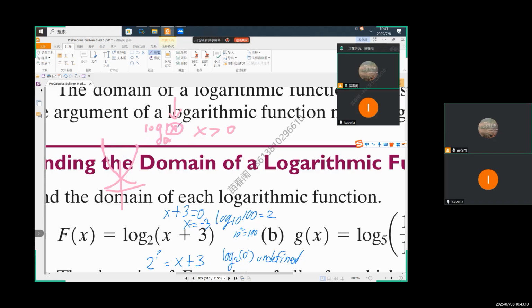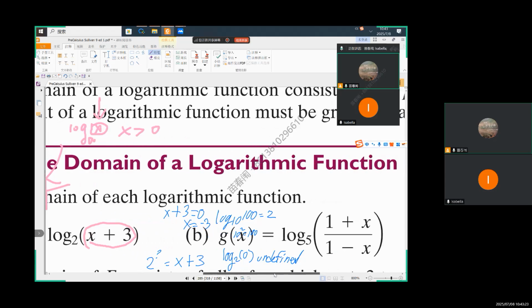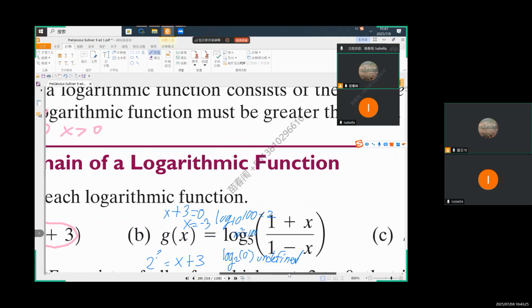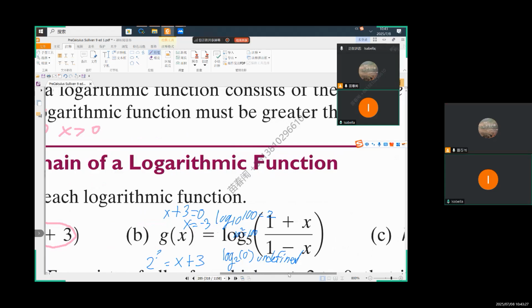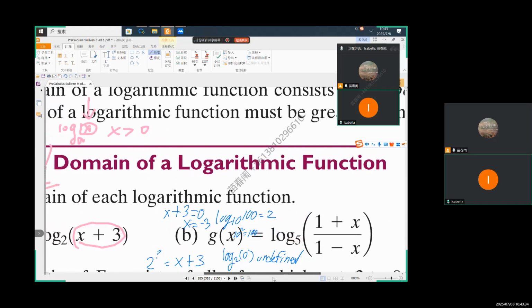So if x is greater than 0, this part has to be greater than 0, right? So x greater than -3, right? Does that make sense? Yeah, it does make sense. Would a negative version work? If x is not greater than -3, then this part would be negative.